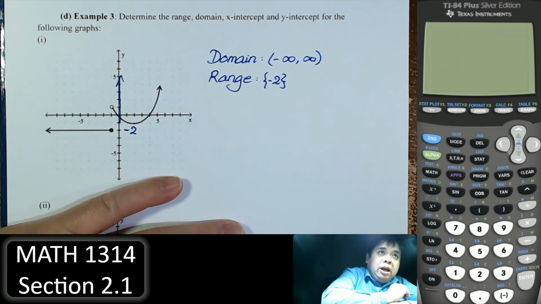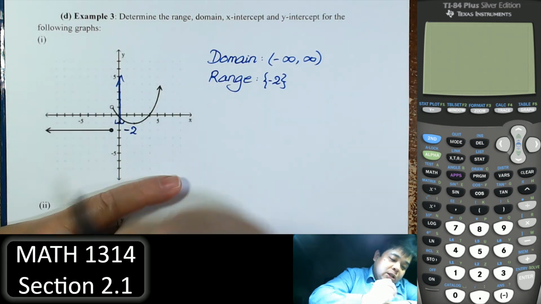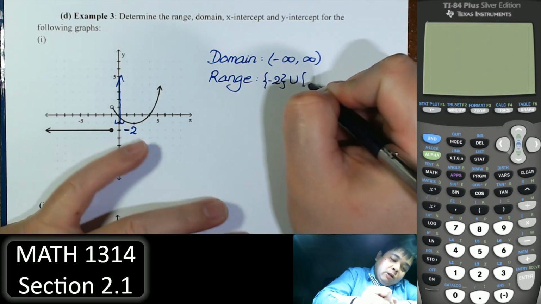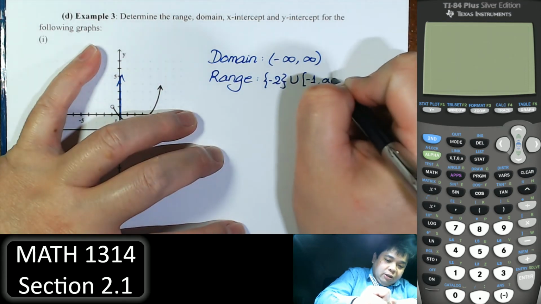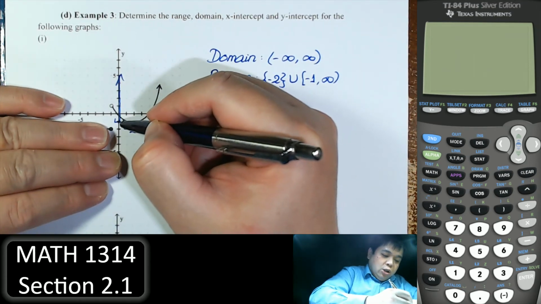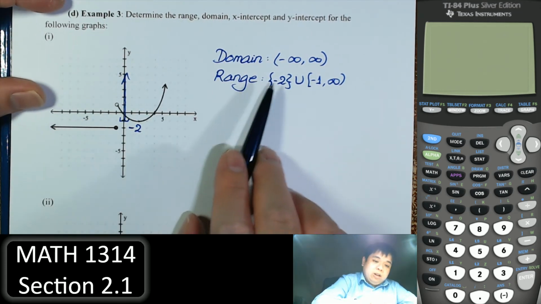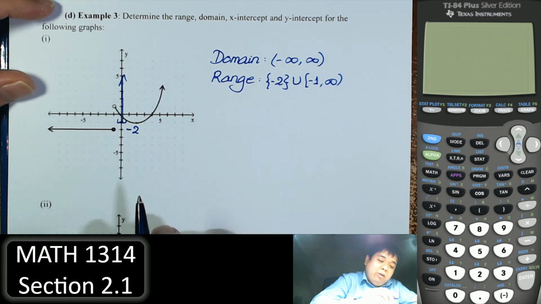Keep going, and by default it doesn't have an empty circle, so it's a solid dot. So this is a union with -1 to infinity. So -1 to infinity, and then this is just -2, a single value. Right, so that is the domain and range.